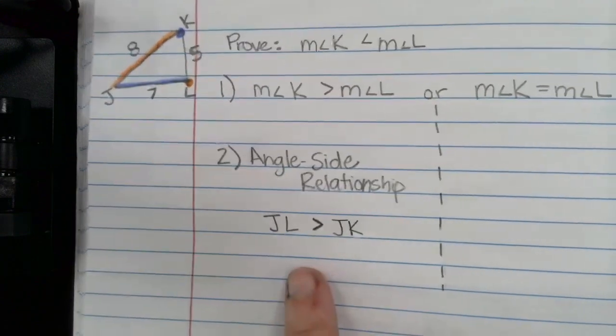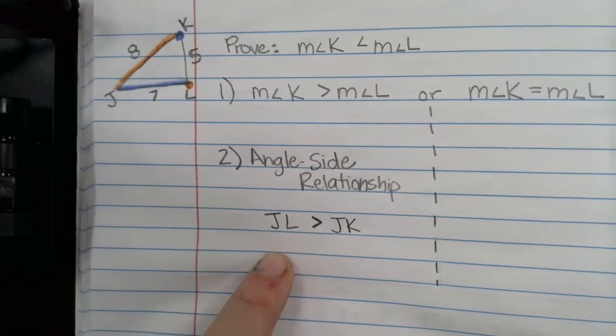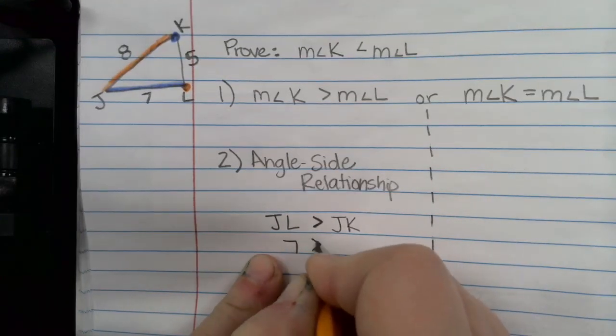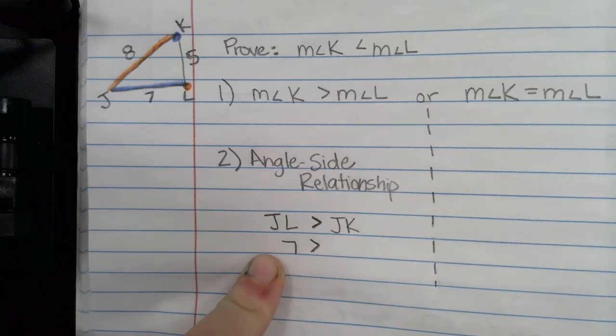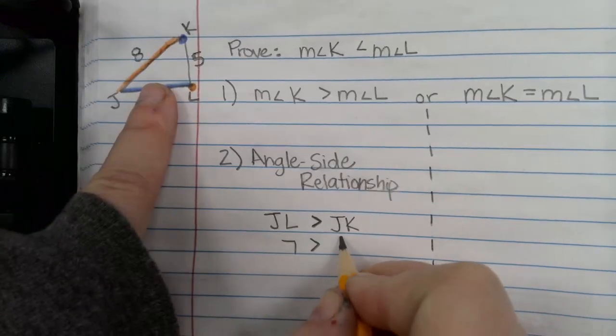And how much is JL? 7. So we're going to say 7 is greater than, what's JK? 8. JK is 8.